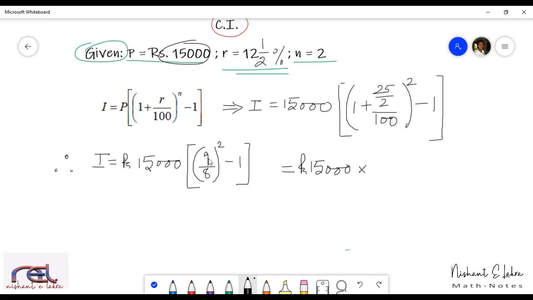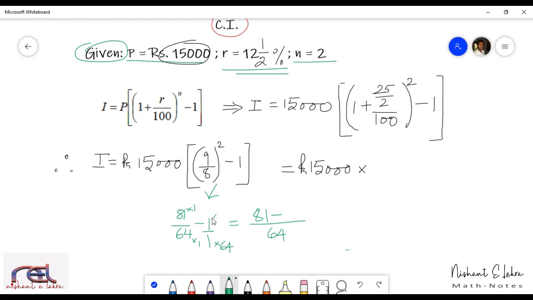9 by 8 whole square. Let me show you how to solve this part of the problem. 9 square, how much is 9 square? 9 square is 81, right? And 8 square is 64. I hope you remember the squares. 81 by 64 minus 1. And using the LCM method, the LCM is 64. 64 into 1 is 64, and 81 into 1 is 81, minus 1 into 64 is 64.